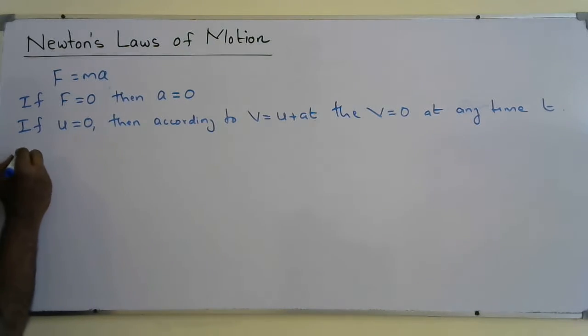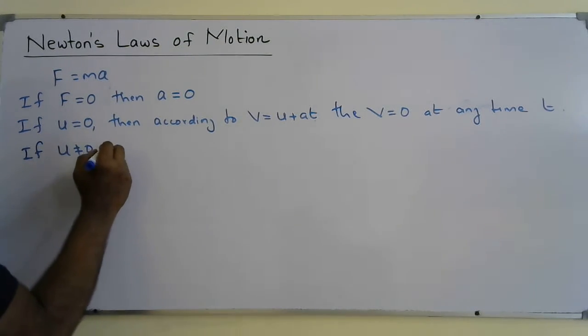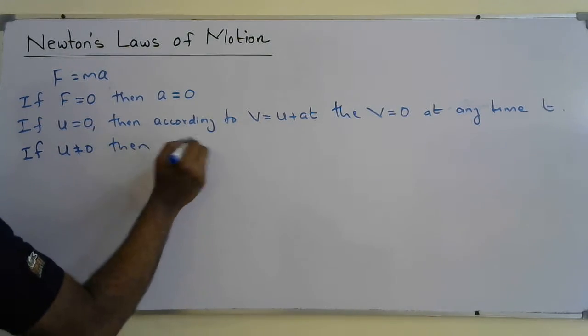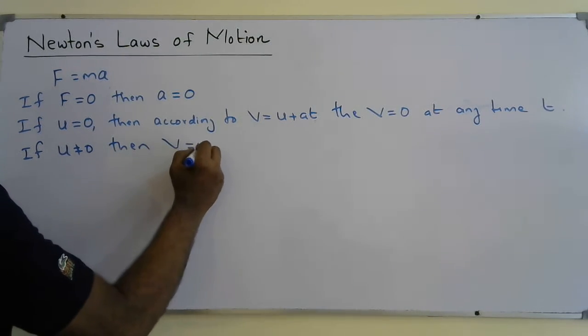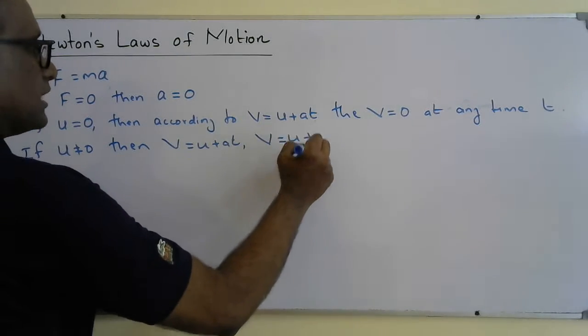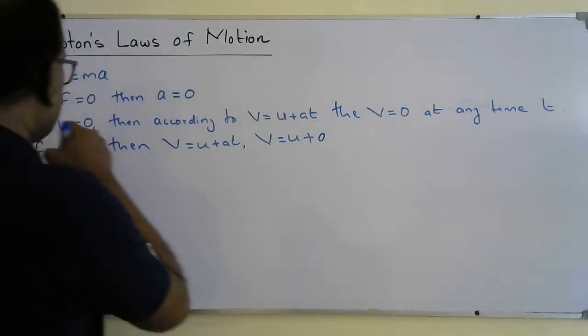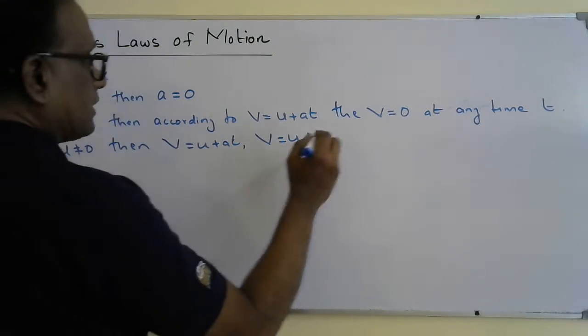Then if u is not equal to 0, according to v equals u plus at, what will happen? v equals u plus, it's a non-zero value, but no acceleration. When the resultant force equals 0, there is no acceleration.